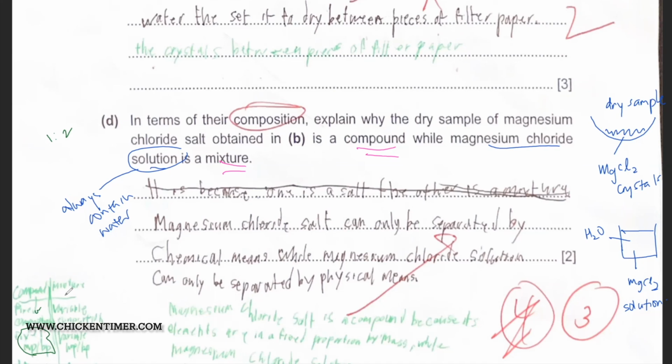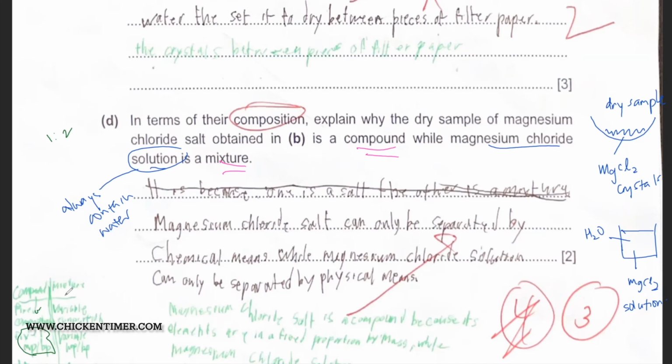But in the case of magnesium chloride solution, if there is a lot of water, then when you boil and measure, what you're measuring is the boiling and melting point of water, which will be different from that of pure water. Then you would not be able to boil and melt magnesium chloride solution unless you evaporate all the water, because the melting and boiling point of magnesium chloride is very high since it's an ionic compound.